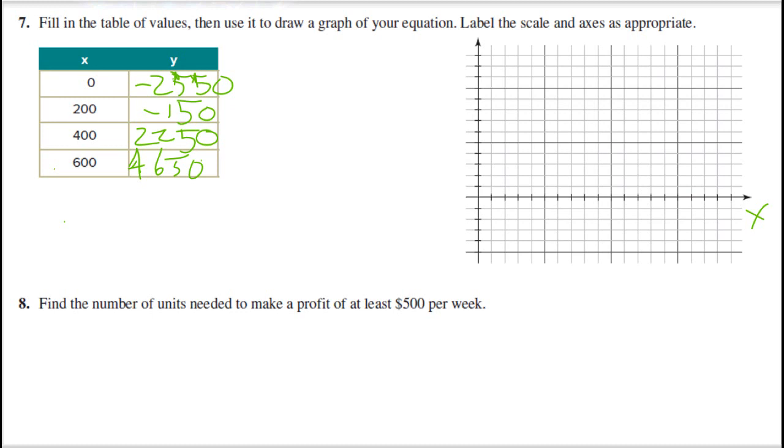So I've got my x out here, I've got my y up here, and the easiest way I think to do this is for each one of the big lines to be 5,000, which means each one of the small lines is going to be 1,000, because there are 5 lines in between 0 and 5,000. And my cookie jars will go by, looks like they need to go by 200.